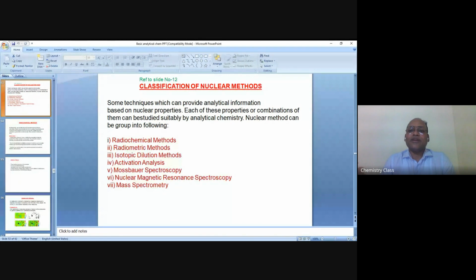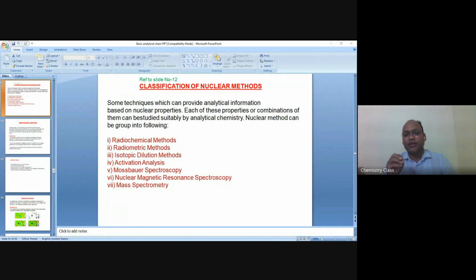So this method is used wherever radioactive elements or related things are present. You have to understand that in such cases the nuclear method should be applied.